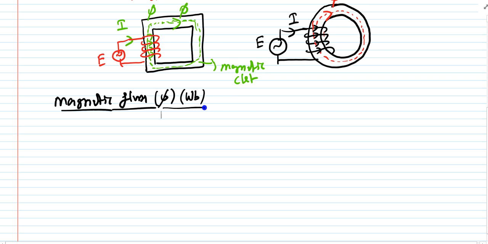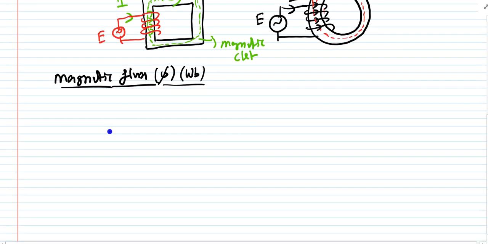Suppose we have a permanent magnet like this. It has a north pole and a south pole. The magnetic lines of force will always start from the north pole and go to the south pole.